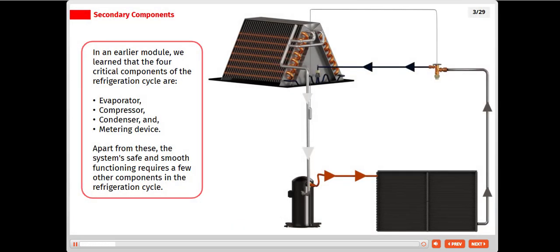In an earlier module, we learned that the four critical components of the refrigeration cycle are evaporator, compressor, condenser, and metering device. Apart from these, the system's safe and smooth functioning requires a few other components in the refrigeration cycle.